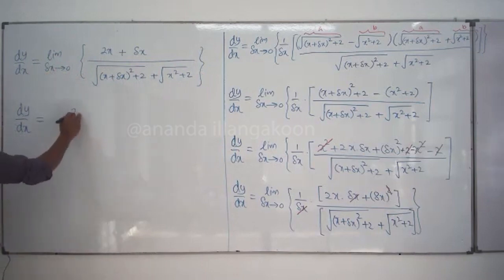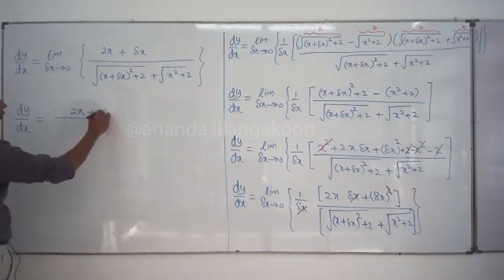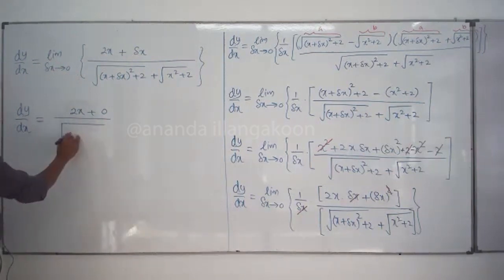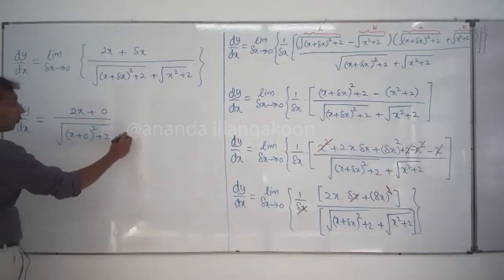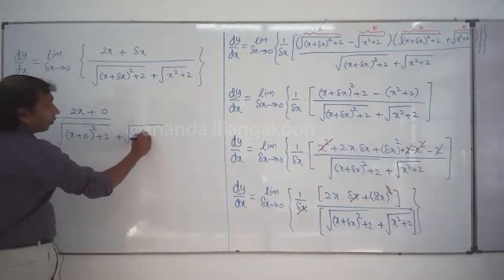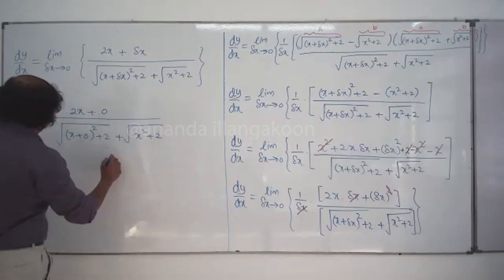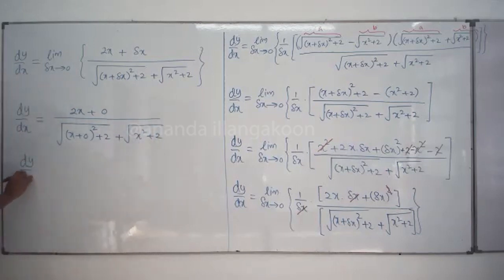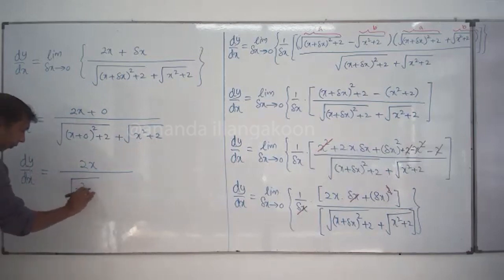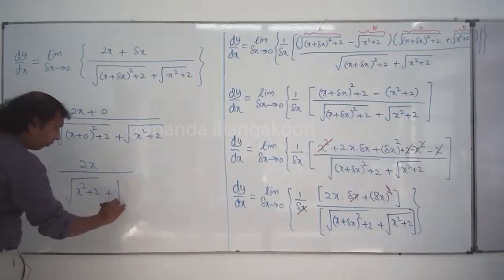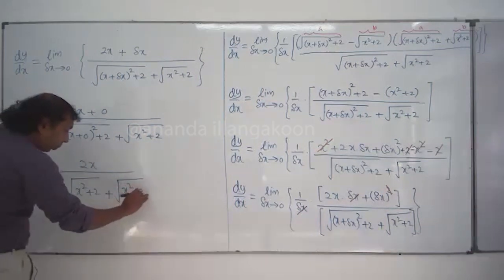We get, people, numerator 2x plus 0, denominator root of (x plus 0) perfect squared plus 2, plus root of x squared plus 2. dy by dx is equal to 2x divided by root of x squared plus 2, plus here root of x squared plus 2.